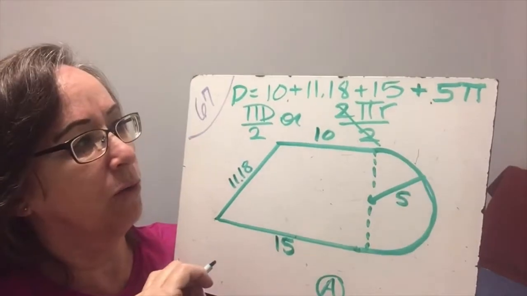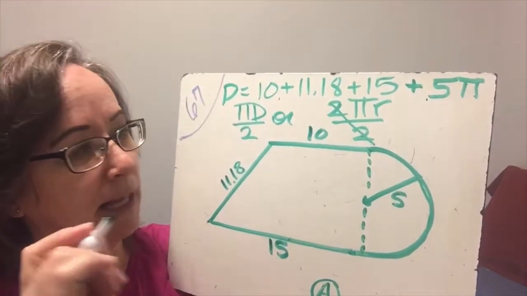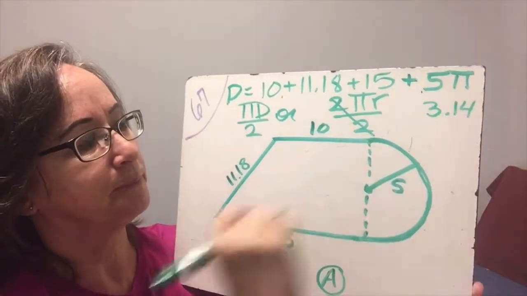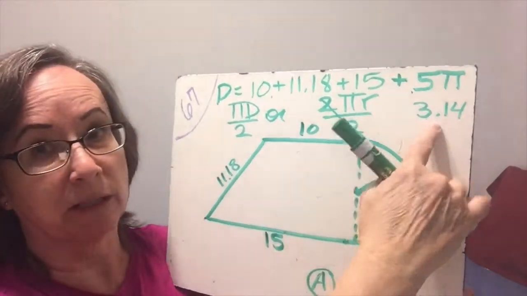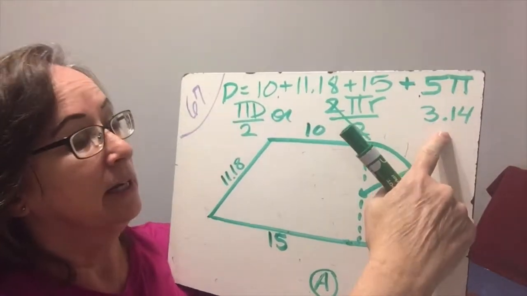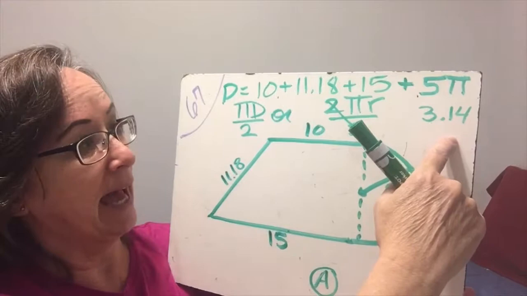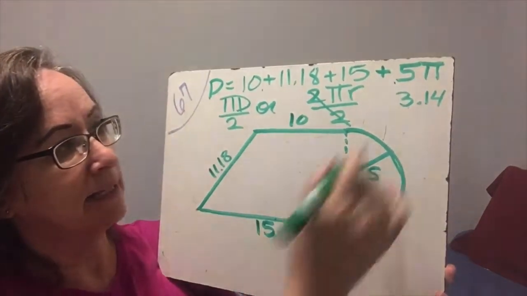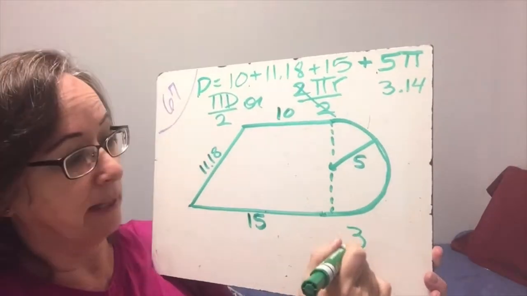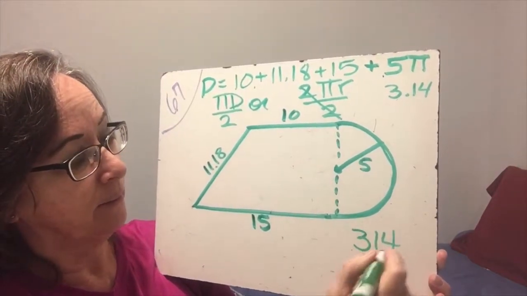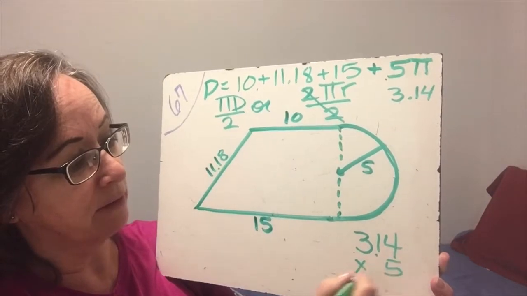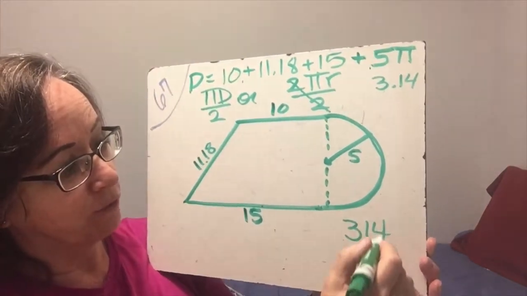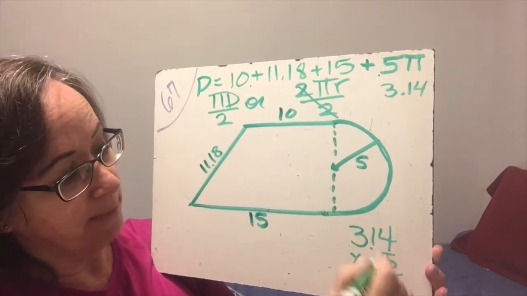Okay, so remember, pi is approximately 3.14. We're going to have to do a little bit of multiplication here to get this one ready to add in. So let's come down here and multiply 3.14 times the 5 to give me an approximate for 5 pi. 4 times 5 is 20.